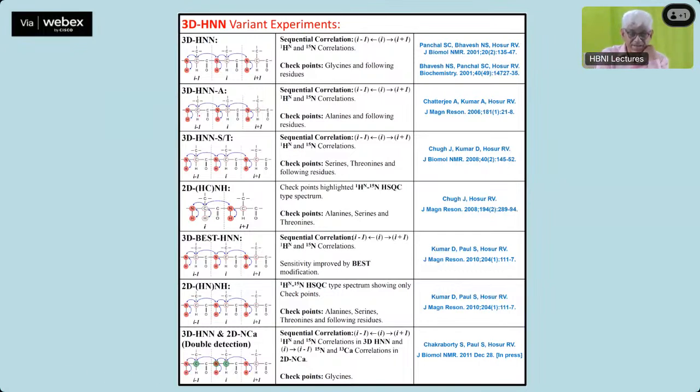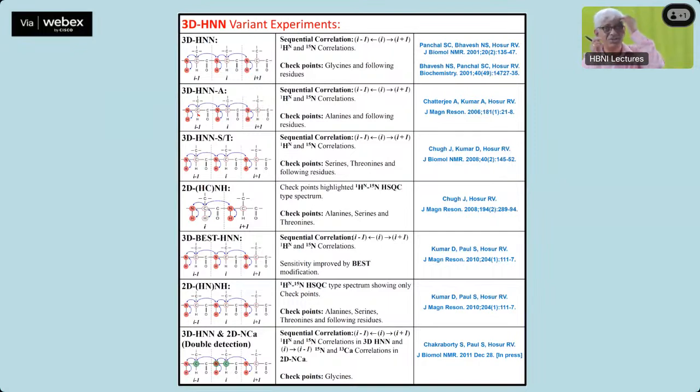So you have the 3D experiment, which we already discussed in great detail. 3D HNN-A also we have discussed. 3D HNN-ST. Now these are the projections which also we discussed. 2D HNC-NH checkpoints. Here you can get the checkpoints for the alanines, the serines, and threonines in the 2D projections. Now this is another modification which is called the BEST modification.